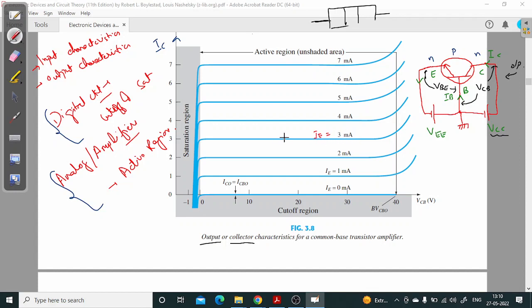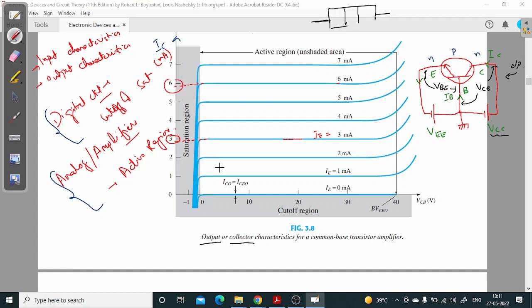So for this curve the IE is 3 milliampere, and what is the value of IC? When we project this line, it will come just around the 3 milliampere mark. This is in milliamperes. And similarly, if this is 6 milliampere, it will come around 6 milliampere.